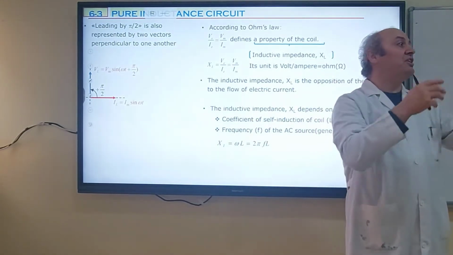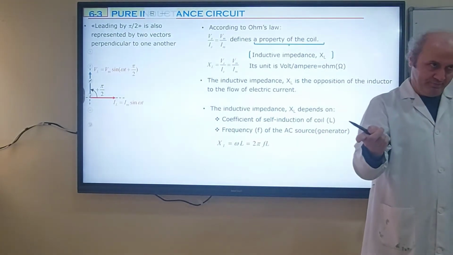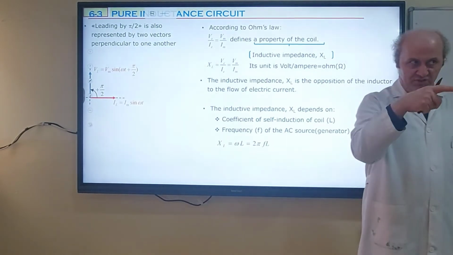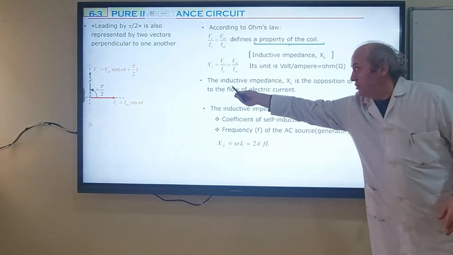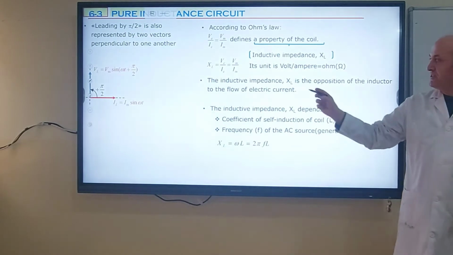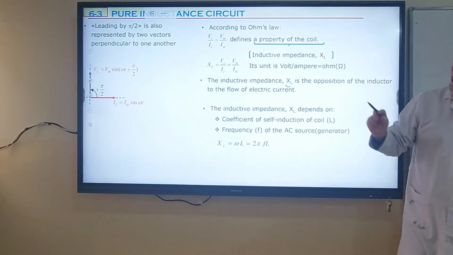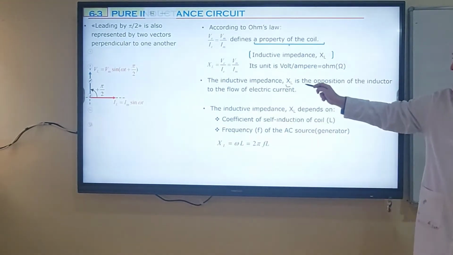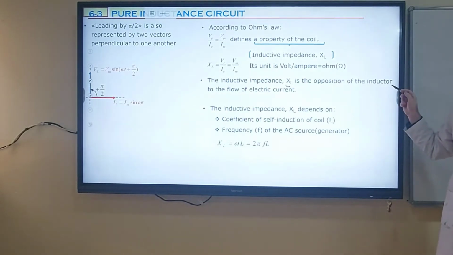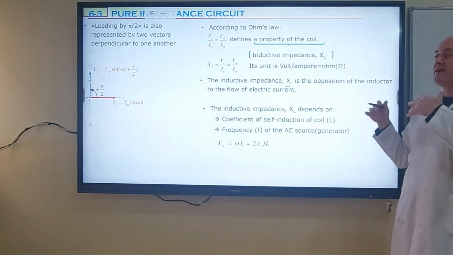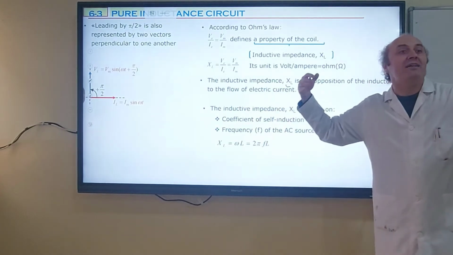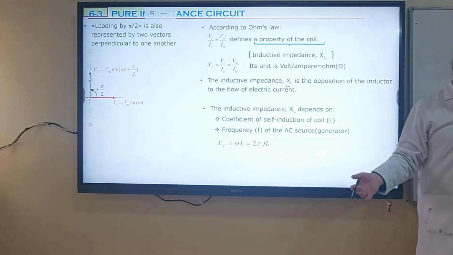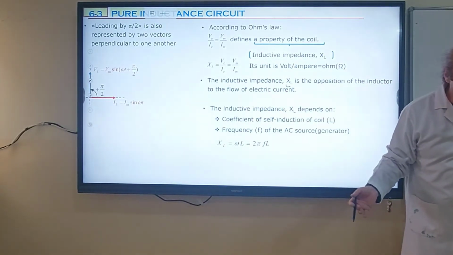This opposition is named with a different name than resistance: inductive impedance, represented by XL. Inductive impedance XL is the opposition of an inductor to the flow of an alternating current.